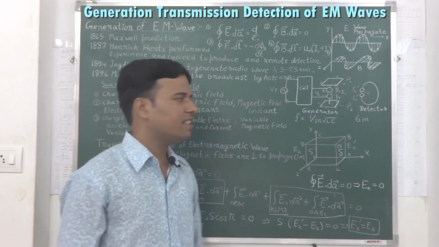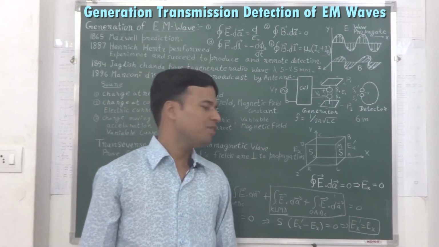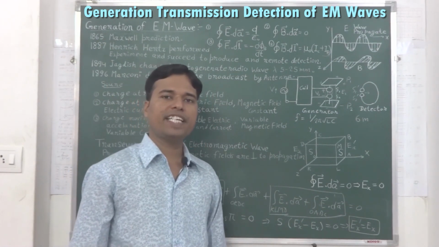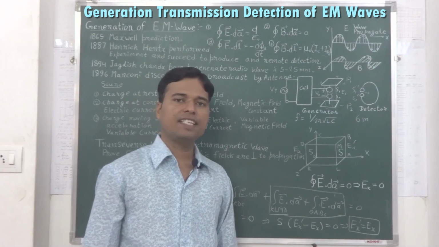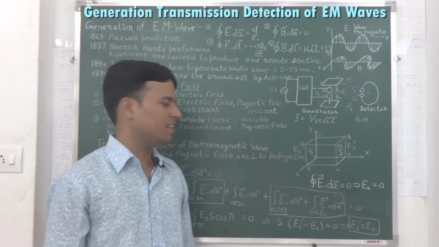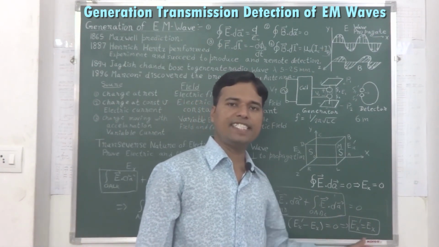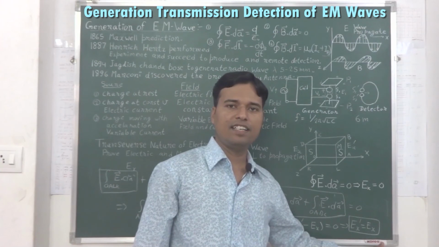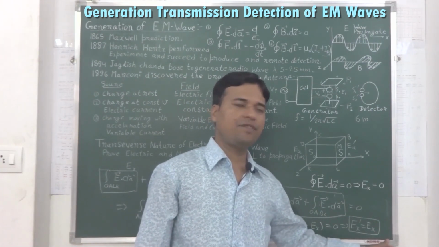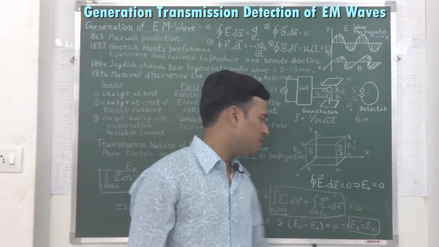That is an absurd result, because in an electromagnetic wave, if there is energy propagating from one place to another, there must be some change in electric or magnetic field. If the value of electric field is not changing from one place to another, then only one condition is there, that electric field x component is equal to 0.